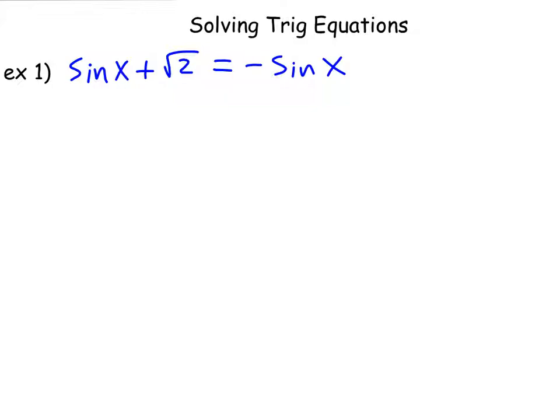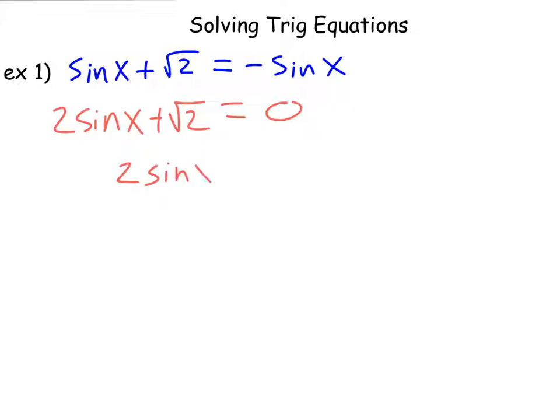So here I would add sine of x, not sine squared, to both sides and get that, and then I would subtract square root 2 and then divide by 2 and get that. Okay, that is what you're trying to get to.